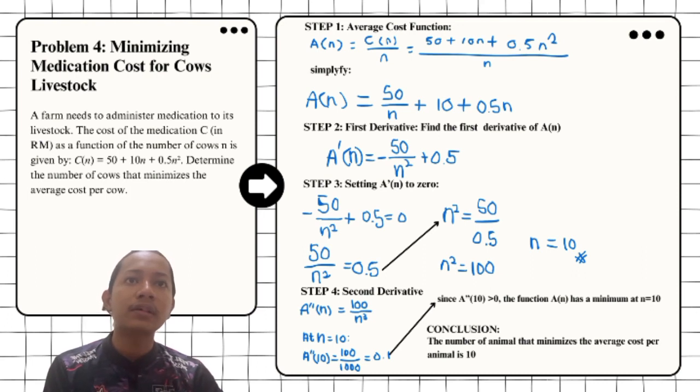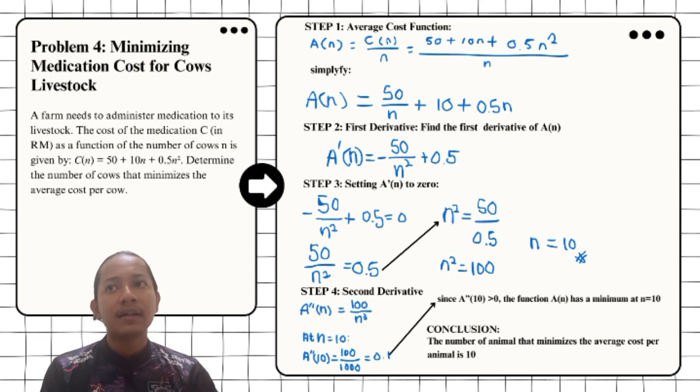Step number 2 is the first derivative. To find the first derivative of A(n), A prime (n) equal to negative 50 over n to the power of 2 plus 0.5. Next we set the first derivative A prime (n) to 0.